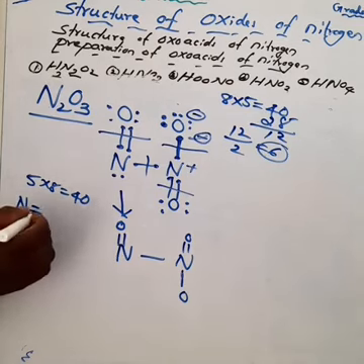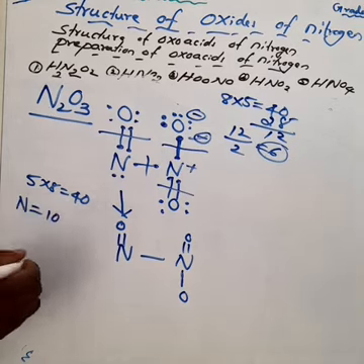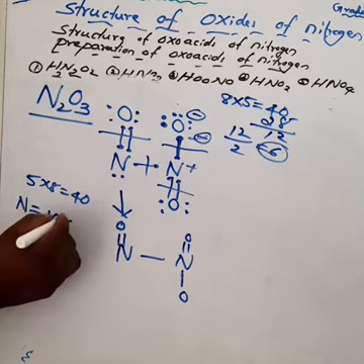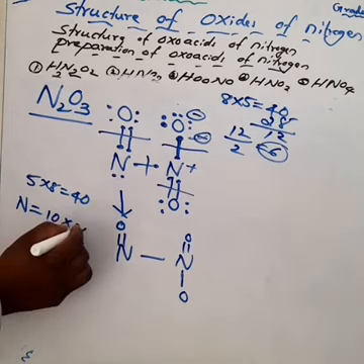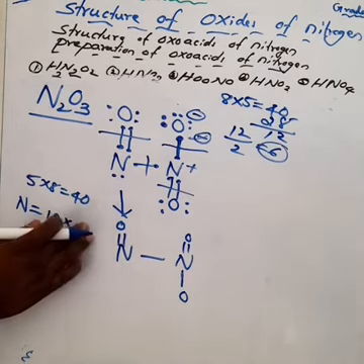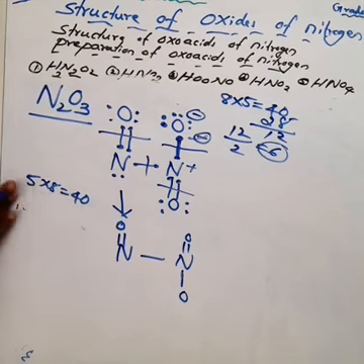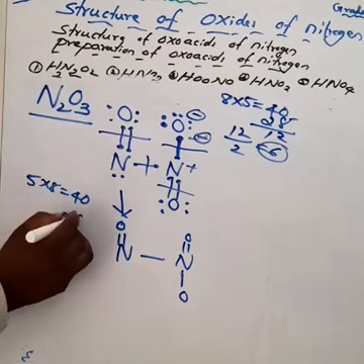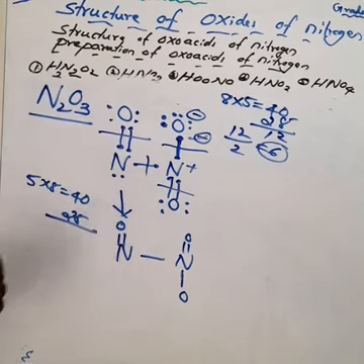Nitrogen: 2 nitrogens, so 1 nitrogen is 5, 5 plus 5 is 10. 3 oxygens, 6 into 3 is equal to 18. 10 plus 18 is equal to 28.